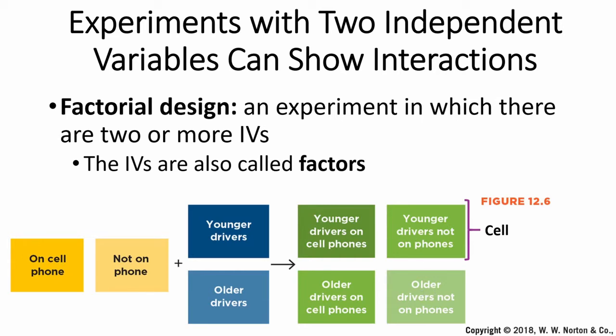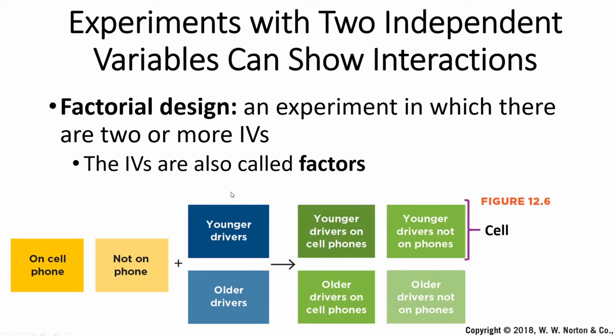Now, the astute of you may have noticed that we've been talking about independent variables. That's what the whole chapter is about, having multiple independent variables. But from our definition, independent variables are the things that the researchers are controlling or manipulating.